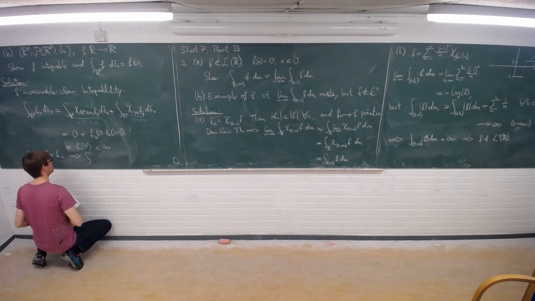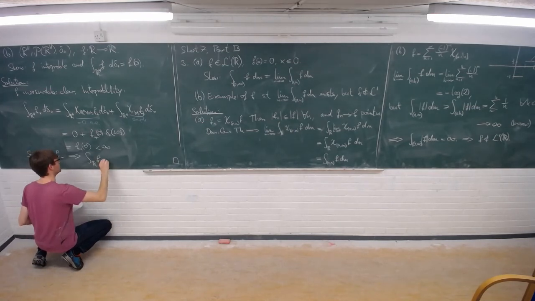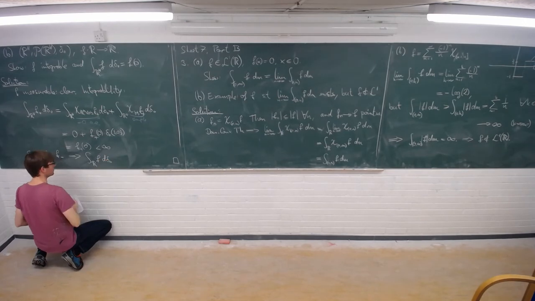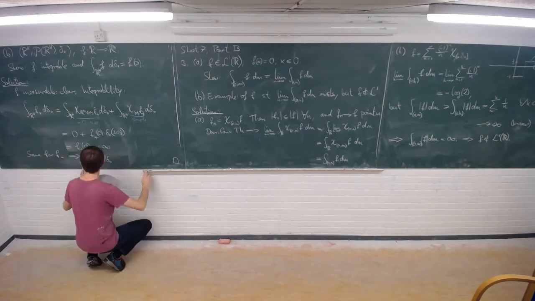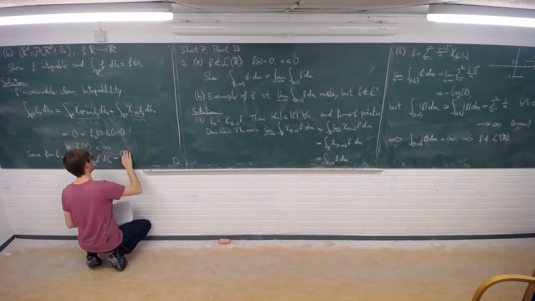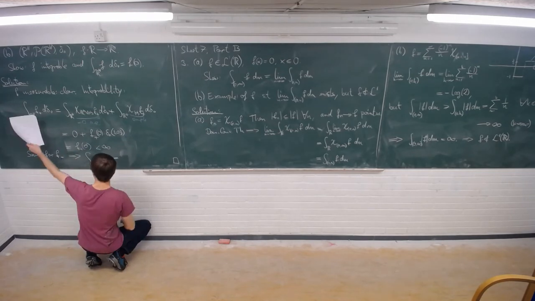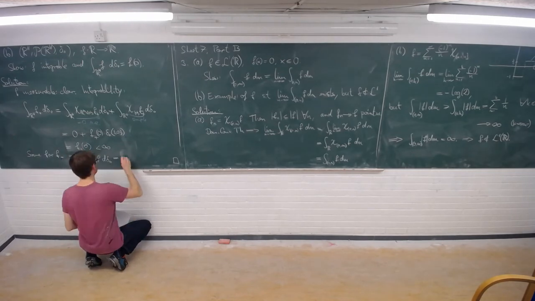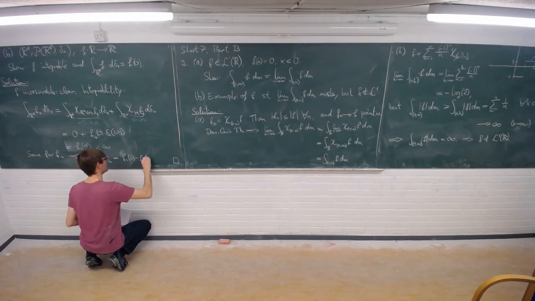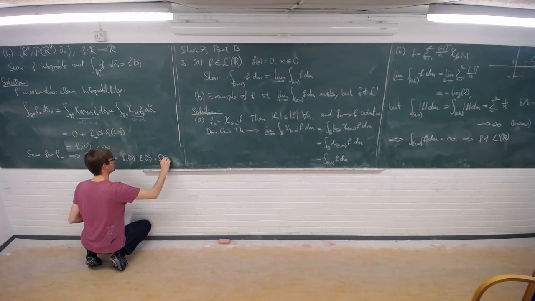And then, by definition of the integral, the integral of f is just the integral of f plus minus the integral of f minus. So it's f plus of 0 minus f minus of 0, which is f of 0.